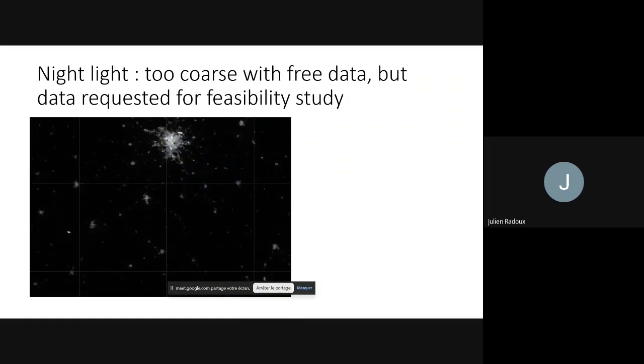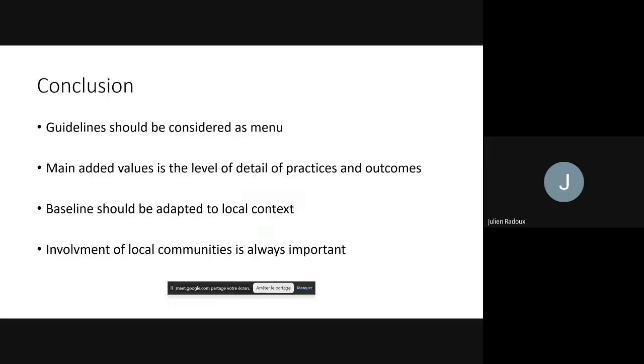Just for the use of remote sensing there, to mention that, yes, this is a nightlight map. The current satellites are 2 cores with the freely available data, but we requested some data for a feasibility study. So maybe we will be able to do something at a higher resolution, but it's not sure.